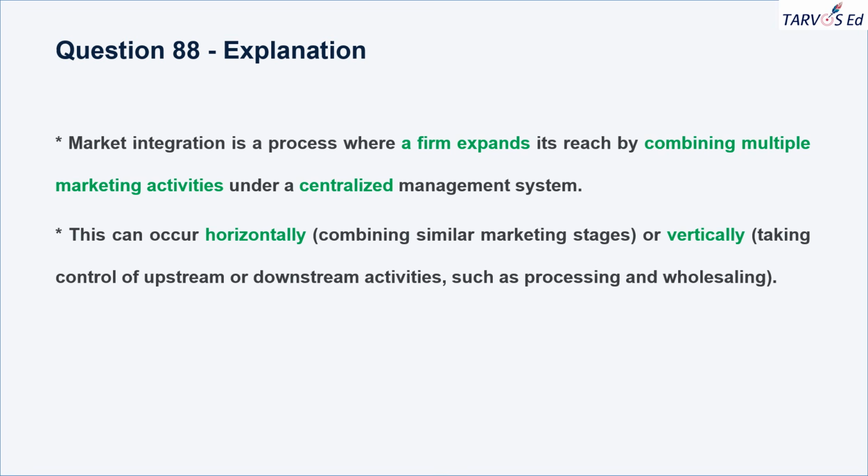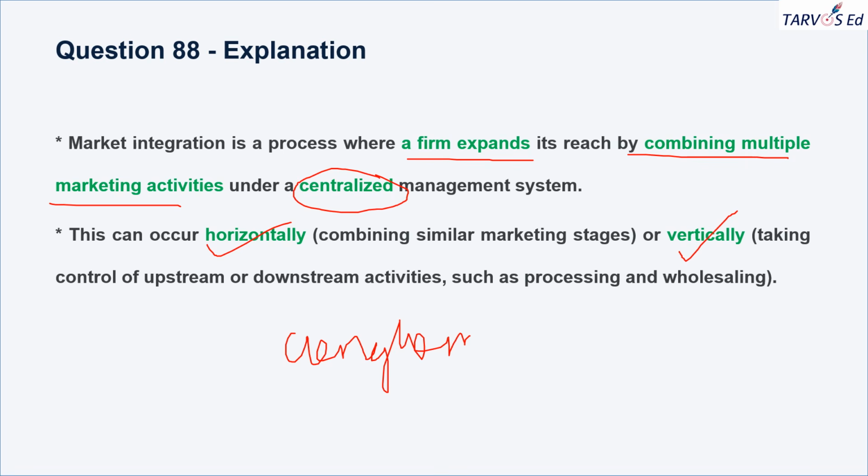As I said before, it is expanding the firm by combining multiple marketing activities under single management, that is a centralized management system. Totally, there are three types of market integration. One is horizontal integration, the next one is vertical integration, and one more is conglomeration. Okay, these are the three types of marketing integration.